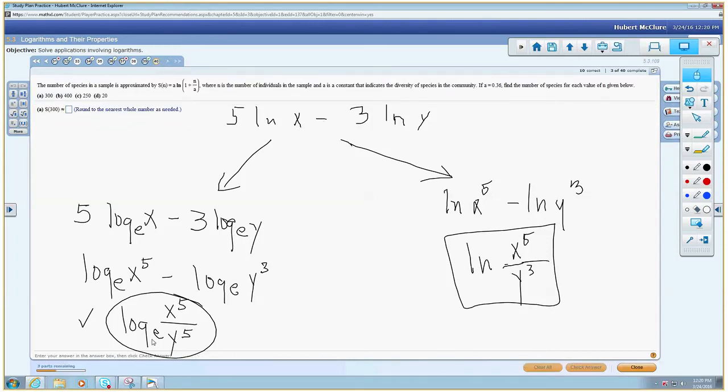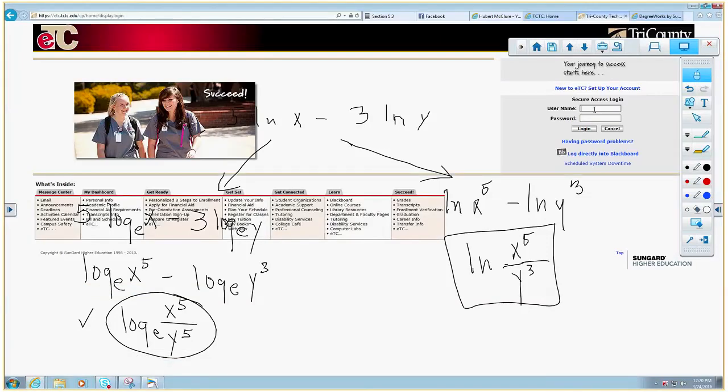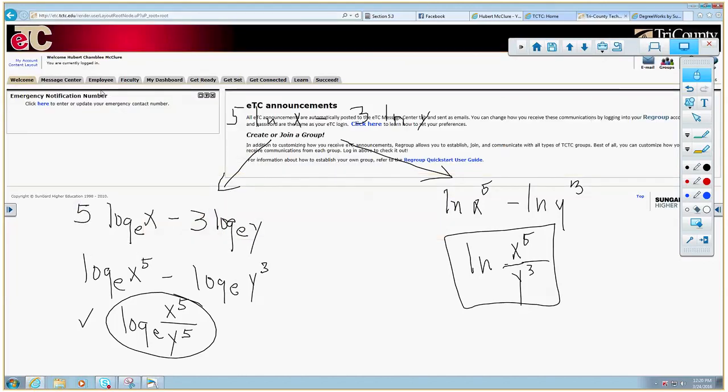Okay? Now, right quick, before I let y'all go, because that's 5.3. Y'all are done with 5.3 pretty much. So you should be able to get the homework done now. Let me call the roll. And I didn't take roll the other day for some reason. I think that was the day I canceled class.